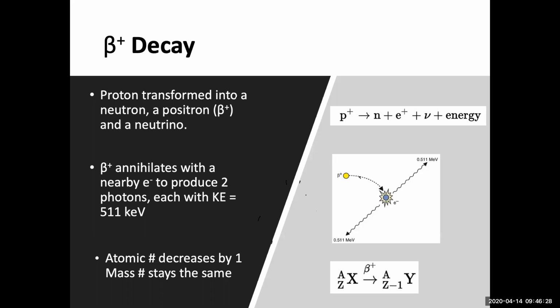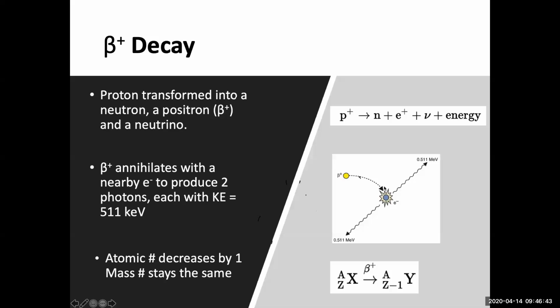So this is what we talked about: the positron and electron annihilate each other and their mass is converted to energy, giving two annihilation photons. Each annihilation photon has 511 keV.